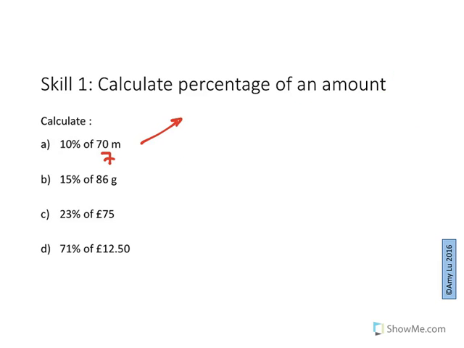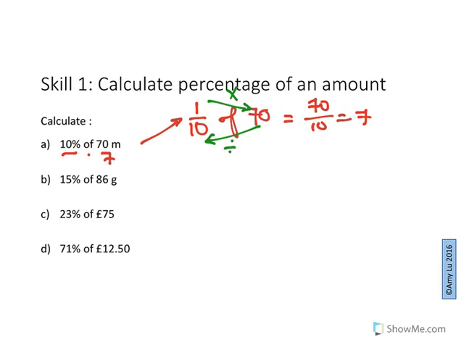Another way to do it is you can do a fraction. So 10% is the same thing as saying 1/10 of 70. We've done this before, but to find 1/10 of 70, you can do it in many different ways. You can simply go 1 times 70 divided by 10. In that case, you would get 70 over 10, which makes 7.